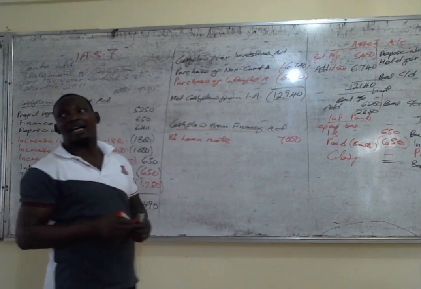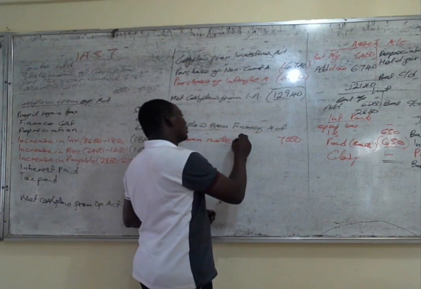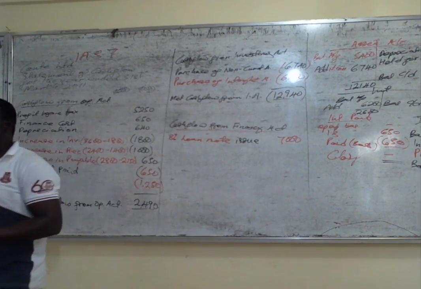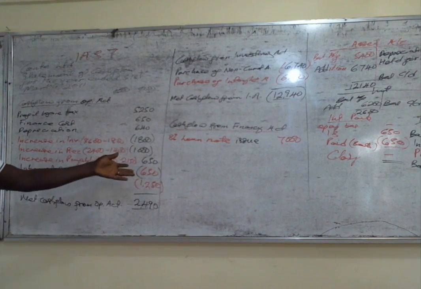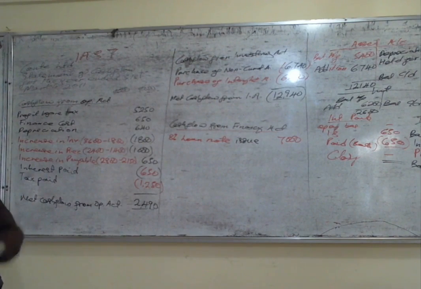This one we are issuing, so you can say loan note issue. If you are paying for it, it may be that they are redeeming it, so we are paying back, that would be a negative. But this we issue to get the money, so it's going to be a receipt. Okay. Any question on that?